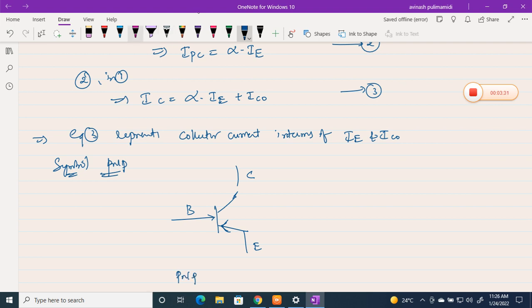The current directions will be as follows: this is the IB direction, this is the emitter current direction, and this is the collector current.